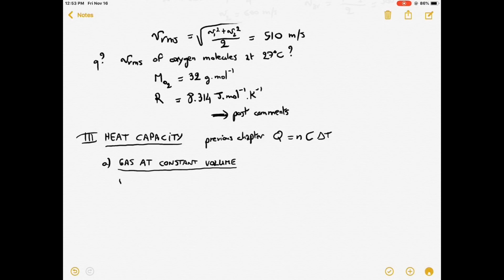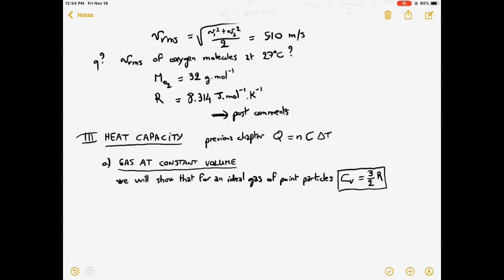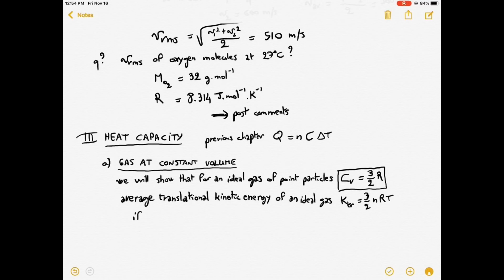We will show that for an ideal gas of point particles, the molar heat capacity at constant volume, CV, is 3/2 times the gas constant R. So let's do the derivation. We have seen already that the average translational kinetic energy of an ideal gas is 3/2 nRT. So if the temperature changes by an amount dT, then the average translational kinetic energy is going to increase by an amount dK, equal to 3/2 nR dT.